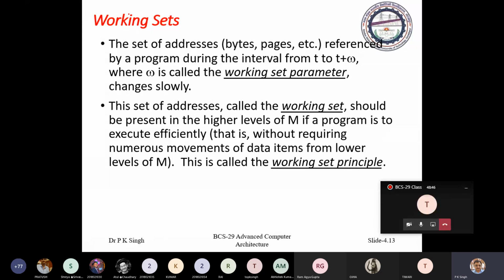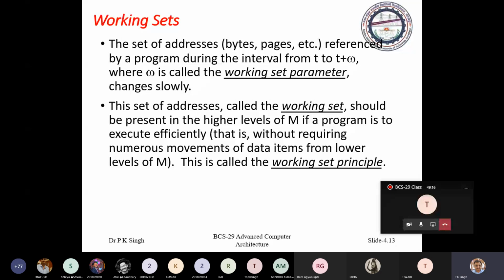Now see, the block we are referring to is nothing but the working set. Working set means the active portion of the program that is going to be referred to during execution of the program. We try to keep the working set in faster memory using the locality of reference property of program execution.